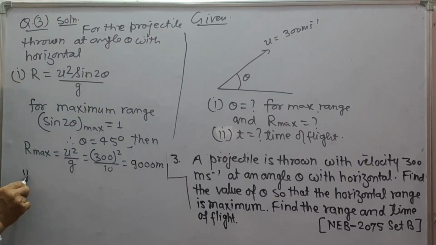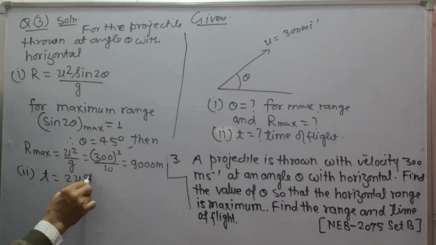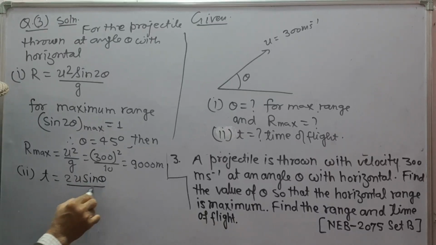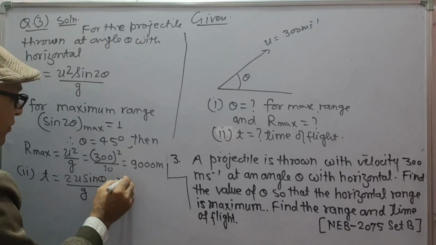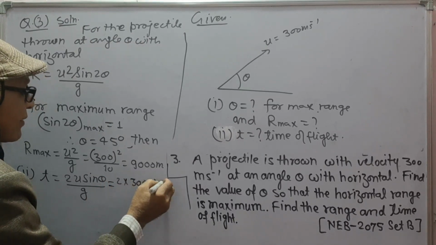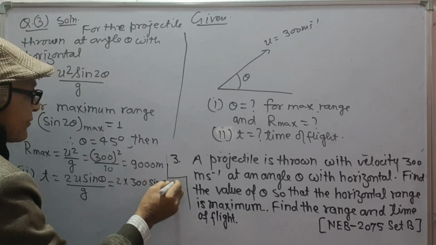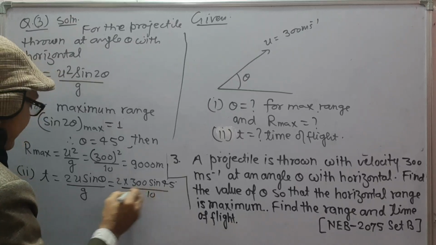Second one, time of flight is given by 2u sin theta upon g. It will be equal to 2 into 300 sin 45 upon 10.